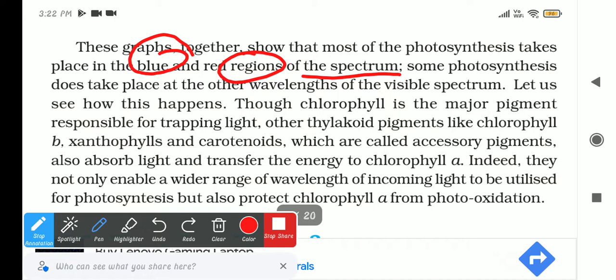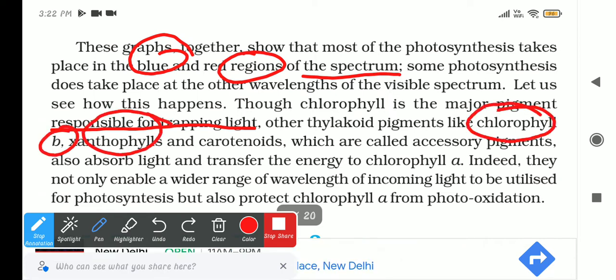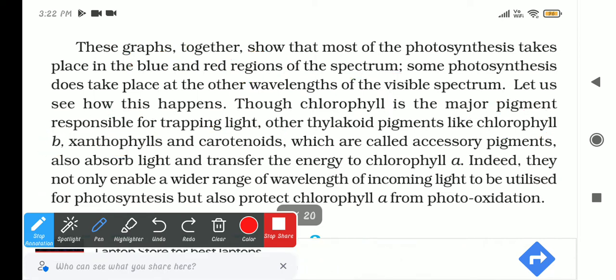And let us now see how it is happening. Though chlorophyll A is the major pigment responsible for trapping light, there are other thylakoid pigments like chlorophyll B, xanthophylls, and carotenoids.